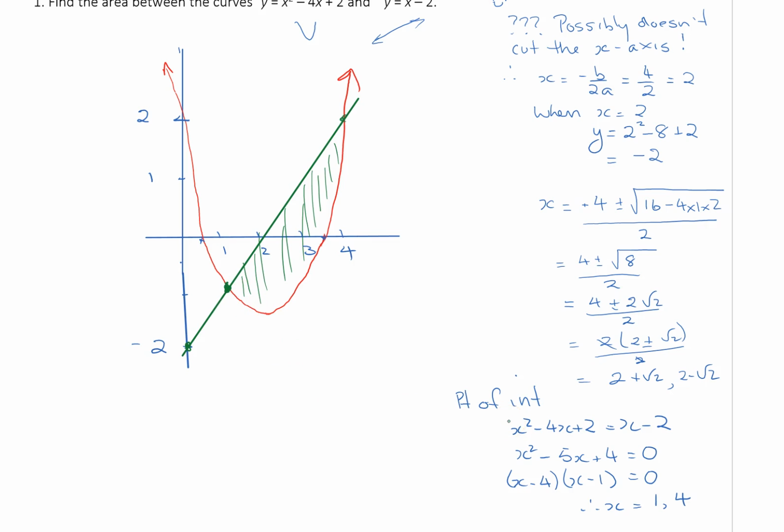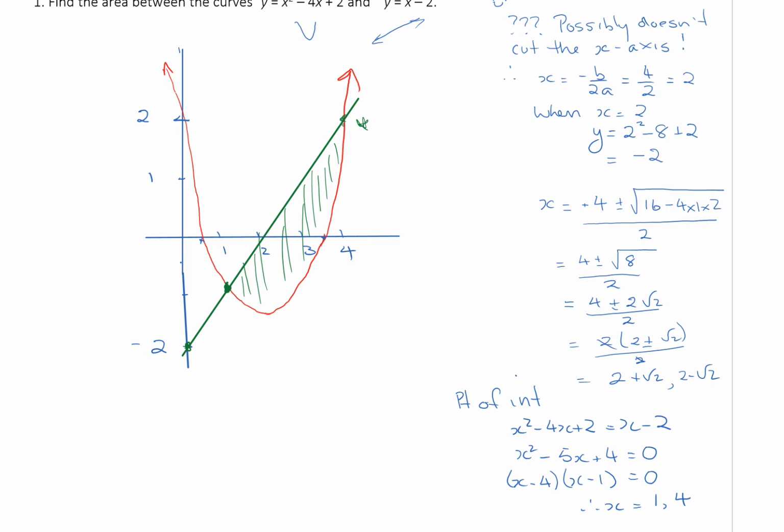Just confirming these points of intersection, and I'd need to do the algebra part anyway. So I'm putting the two things equal to one another, solving that, and you get x is equal to 1 and 4. Yes, so I was right in thinking that's where my straight line would intersect, firstly, and then later at 4.